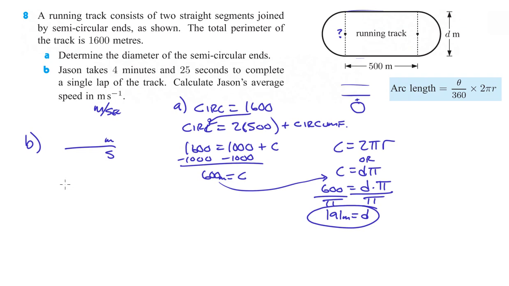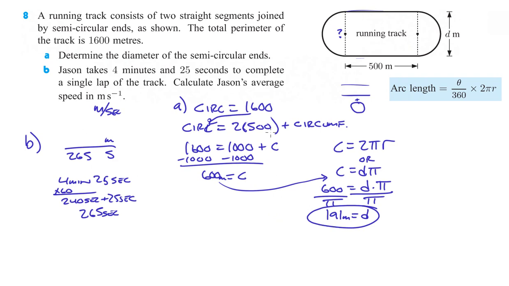It doesn't matter which one you do first, but we've got to turn these minutes into seconds, right? So times 4 by 60 to give us 240 seconds, plus 25 seconds is going to give us 265 seconds. So 265 is going to go on the bottom.